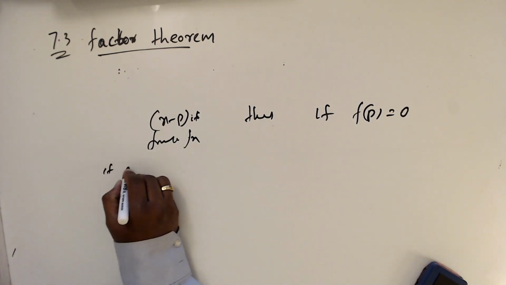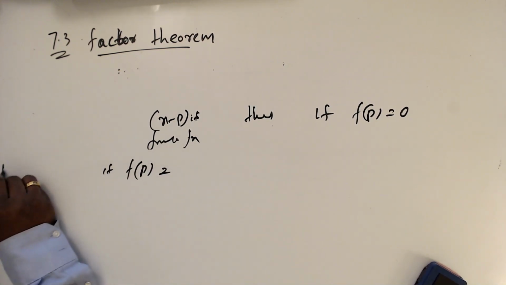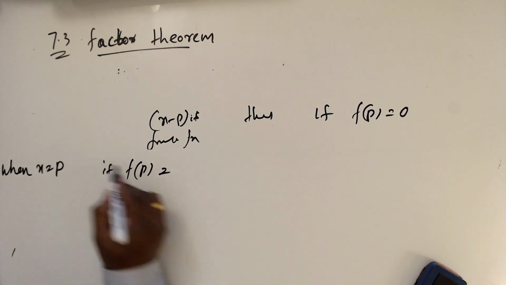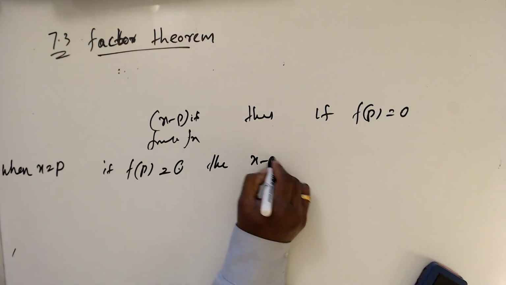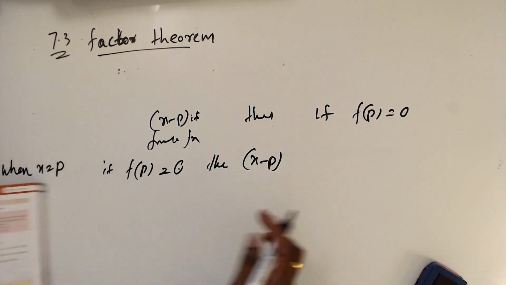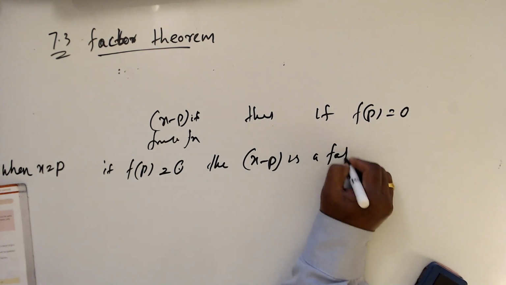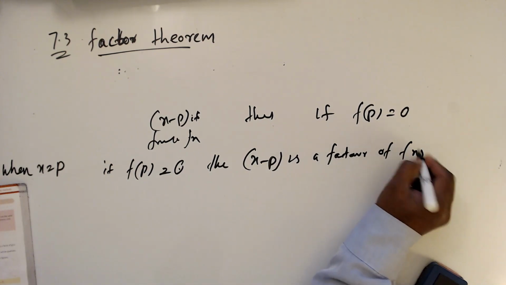When x equals p, if f(p) equals 0, then x minus p is a factor of f(x). I am writing this in the book.